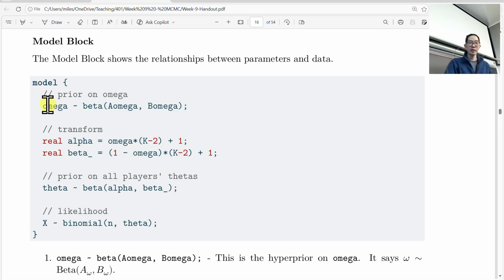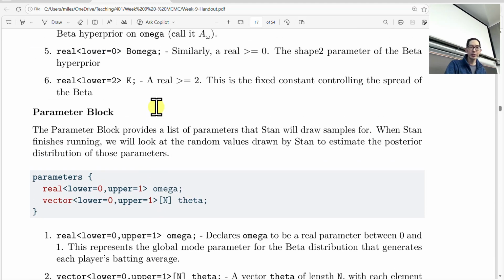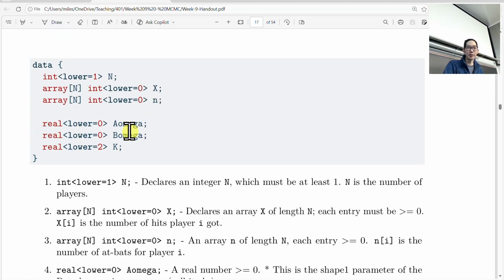So we say omega is drawn from, and the tilde here means it's drawn from a beta distribution. The shape parameters are a_omega and b_omega, which we specified to be values here.